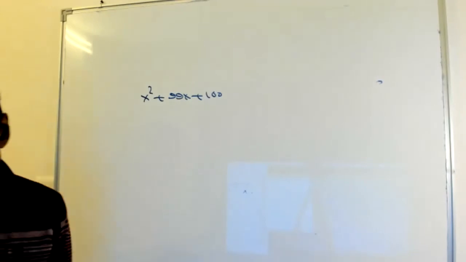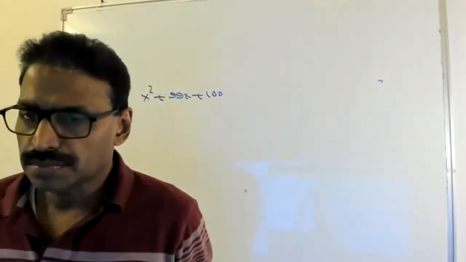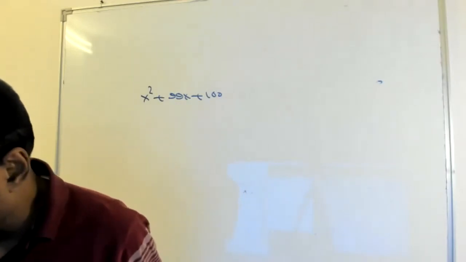Okay. The zeros are: Option A, both positive. Option B, both negative.